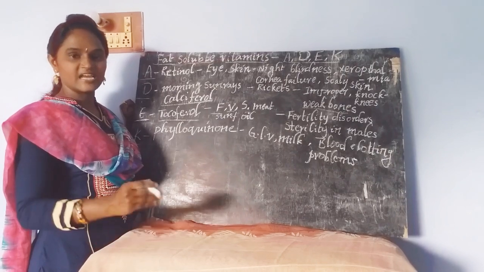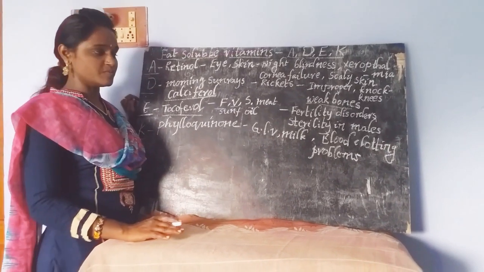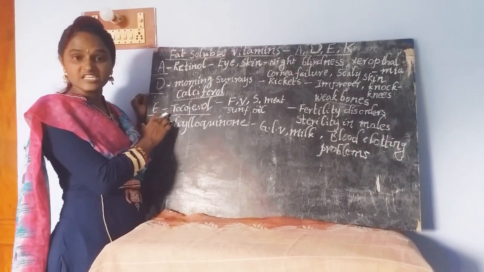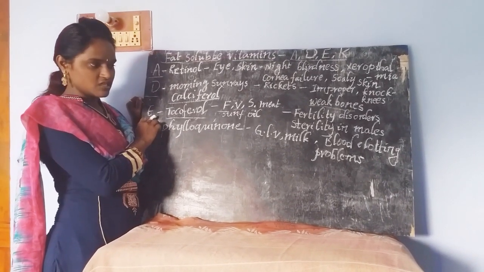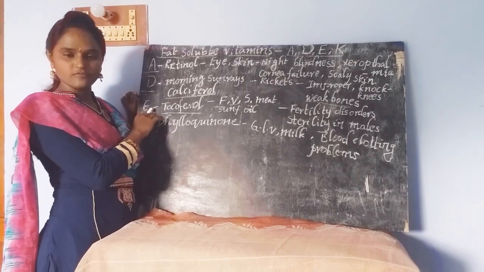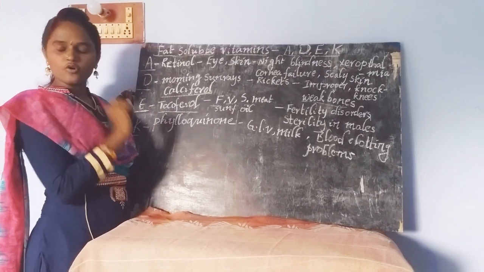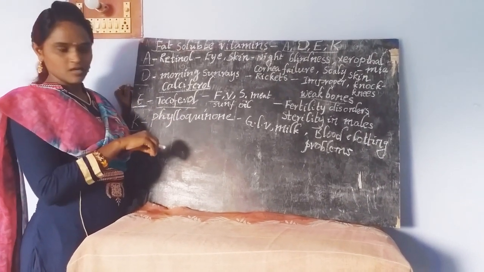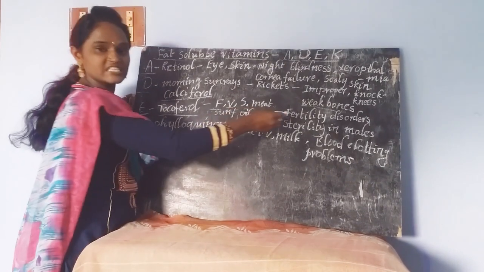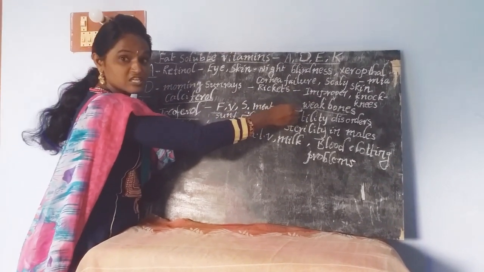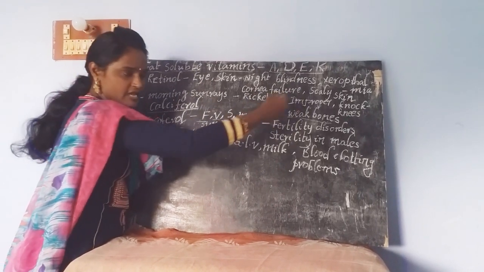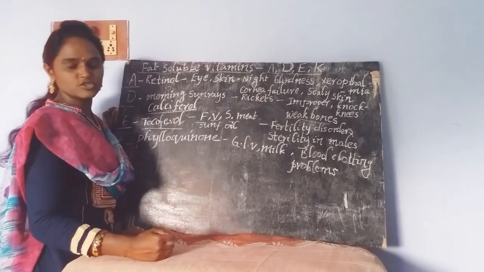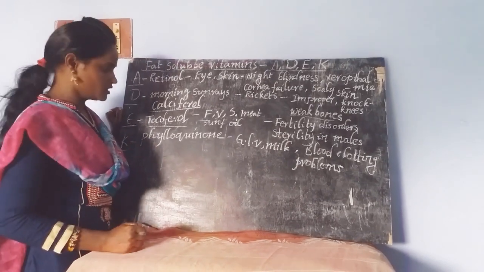Sterility in females and sterility in males we may find because of lack of vitamin E in their body. That's why if you want to see your next generation, then we have to take a required amount of vitamin E into our body. Okay, fertility disorders we may find both in males and females. In males, sterility disorders, and in females it leads to repeated abortions.